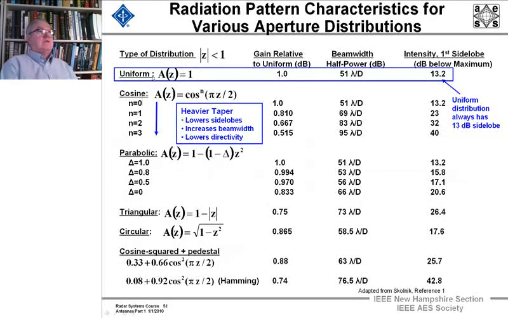And here we see sort of the all-in-one view graph for all kinds of illuminations. You can have parabolic illuminations, cosine illuminations, triangular, circular, and cosine squared on a pedestal. This shows you the gain relative to uniform in dB.